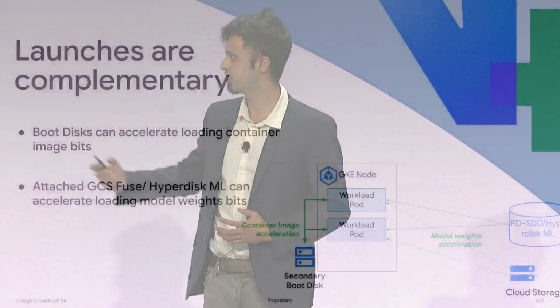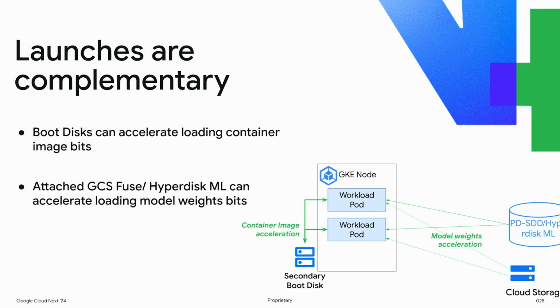And one thing which I want to highlight is these launches are very complementary. You can use your secondary boot disk and container preloading to accelerate your loading of your container images, which usually have your inference servers like Triton or SaxML. And then you can attach GCS Fuse to download your model weights, or PD-based read-only many patterns with either PDSSD or Hyperdisk ML.